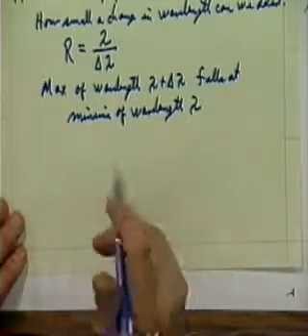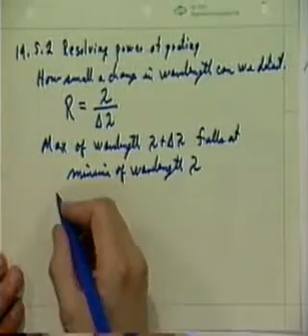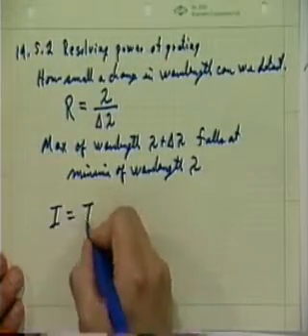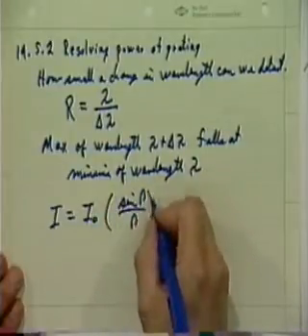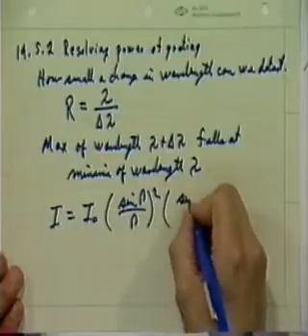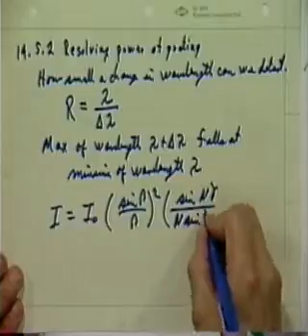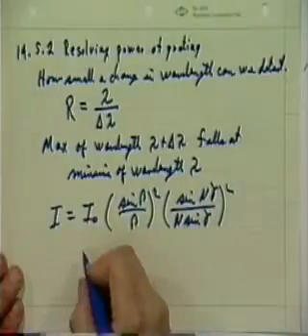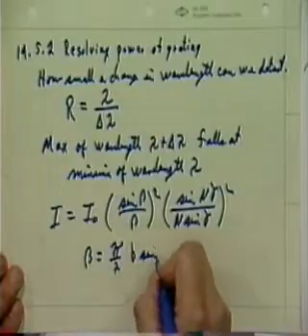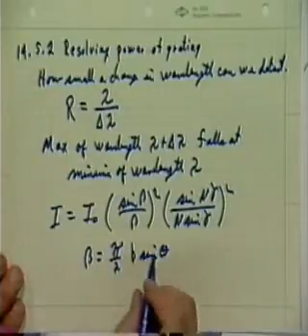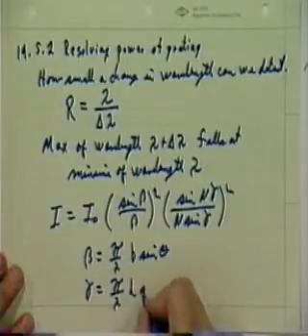And just to repeat here, we had I was I naught sine of beta over beta squared, sine of n gamma over n sine of gamma squared, and beta was pi over lambda b sine theta, and gamma was pi over lambda h sine theta.